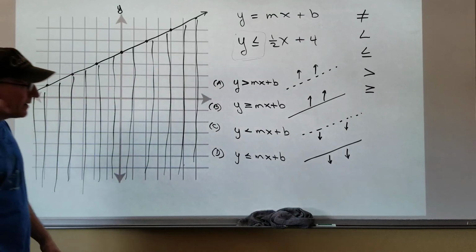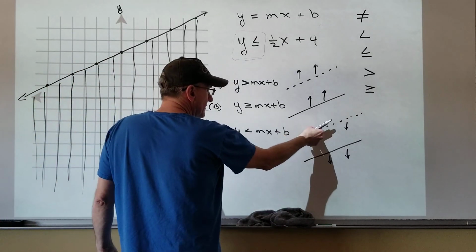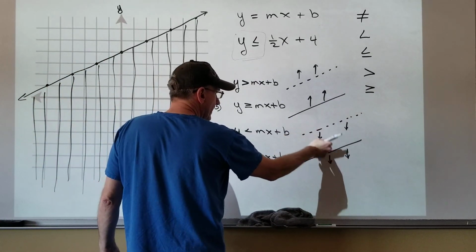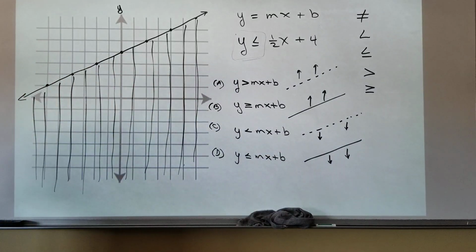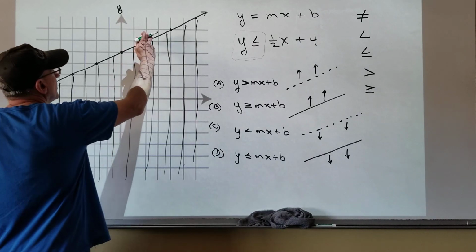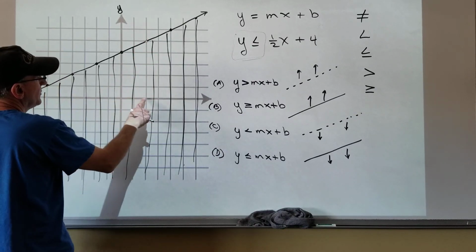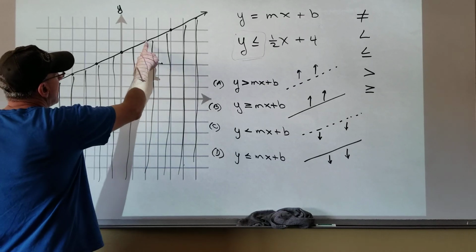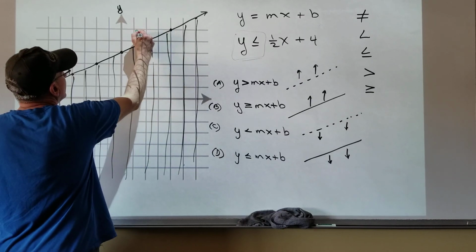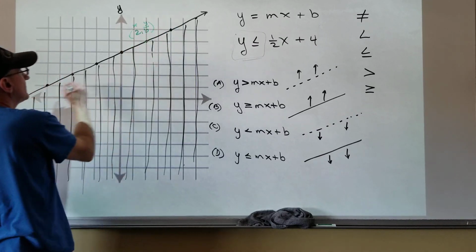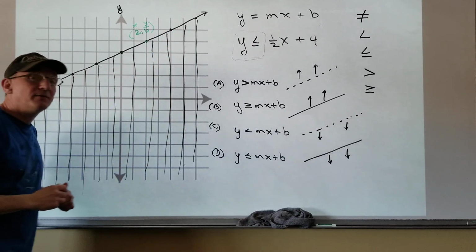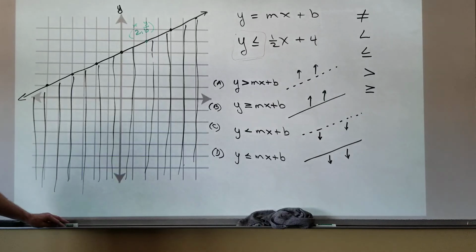If the whole thing about dashed or broken versus solid doesn't make sense to you, let me just do this. Pick a point that's actually on the boundary. Here's one. It is 2, 5. Okay? I'll highlight it in green. The reason I drew a solid boundary line is because 2, 5 is one of the solutions.